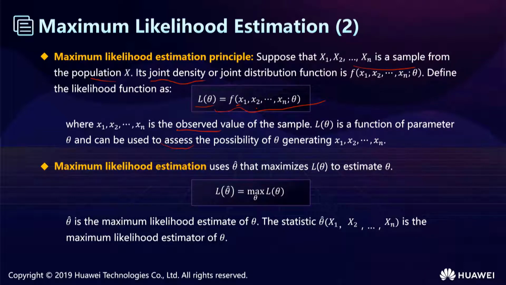We choose the theta that makes the function very large. Maximum likelihood estimation uses theta hat to maximize the likelihood. As I told you before, we choose the theta that makes this function large, and that is the best theta. So that's maximum likelihood estimation.